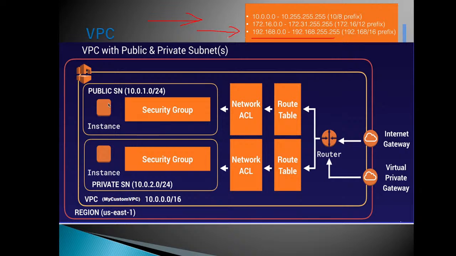Then 172.16.0.0 to 172.31.255.255. In short, we write it like this with a prefix. How we can write this and how we can create this, I will explain that also. Then 192.168.0.0 till 192.168.255.255. This is the third IP range which we can create in the cloud.